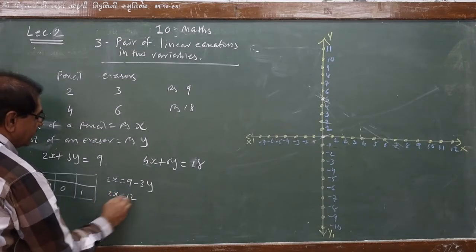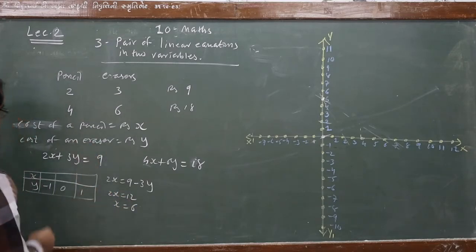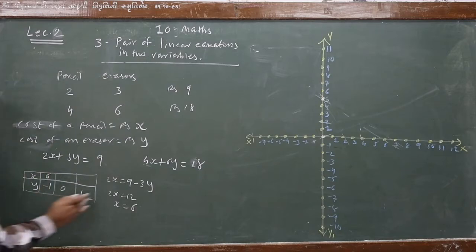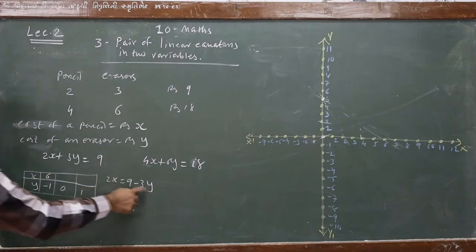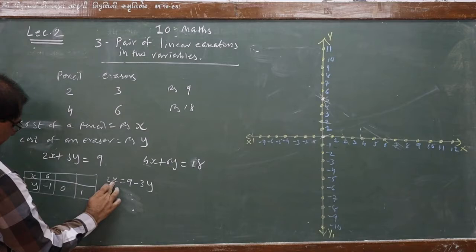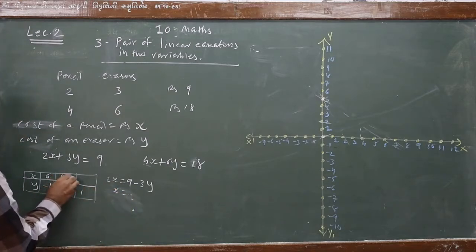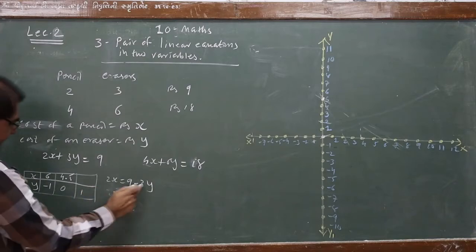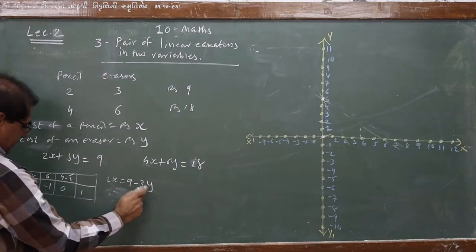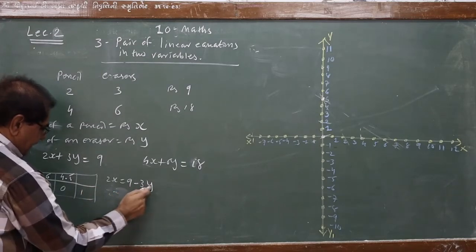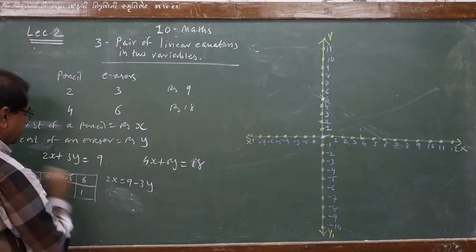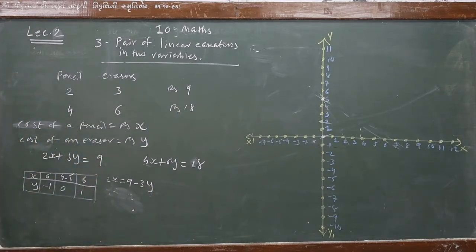So 2x is equal to 12, so x is equal to 6. Now y is equal to 0. So 2x is equal to 9, so x is equal to 9 by 2, that means 4.5. For y is equal to 1, it is minus 3. 9 minus 3 is equal to 6. So these are the points.